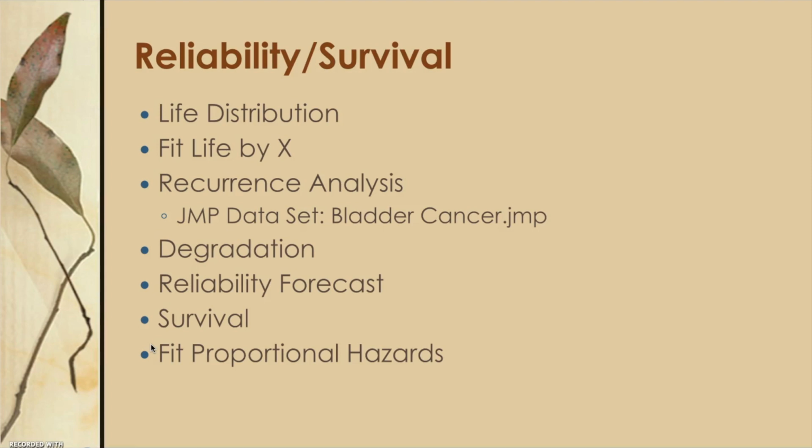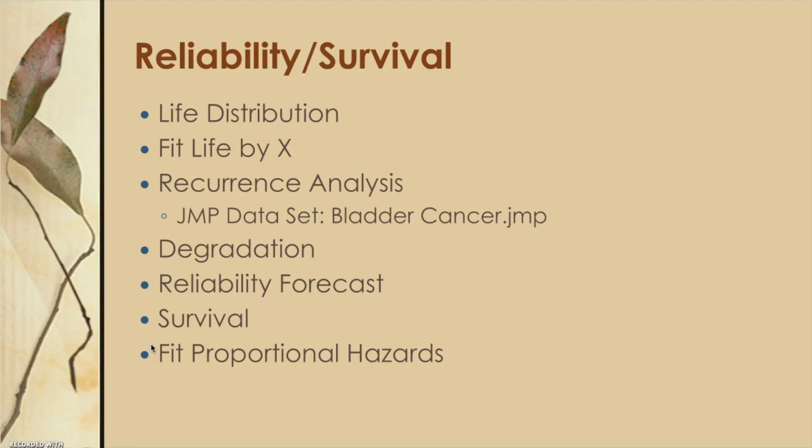The next one is degradation, and this one is used to predict pseudo failure times. And then we see reliability forecast, and this helps predict the number of future failures that you might have. It's great for looking at warranties, so a company can see the time frame of when a product is going to fail so they can reduce the amount of warranty claims they would have.